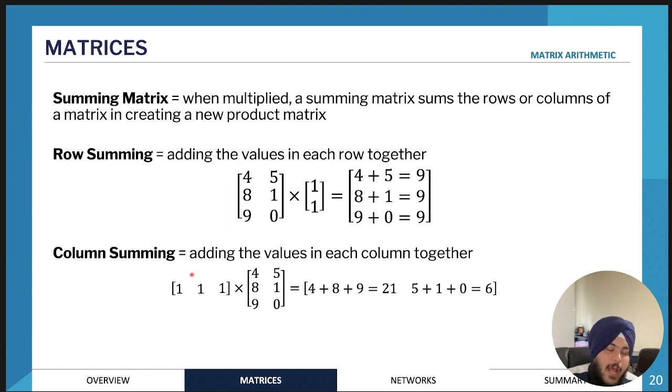Therefore, there will be 3 elements in the column summing matrix or the row matrix, but only 1 row. And this time, the column summing matrix will need to be placed in front of the matrix that you want to add the columns for. So that's really important. Jot this down somewhere in your summary book, and you should be really good to go.